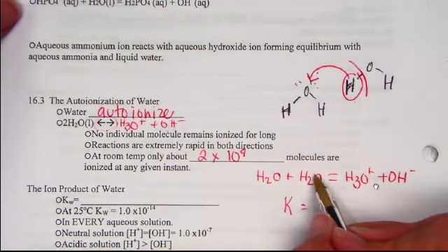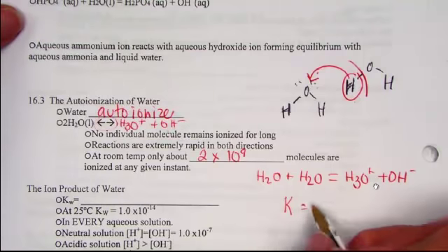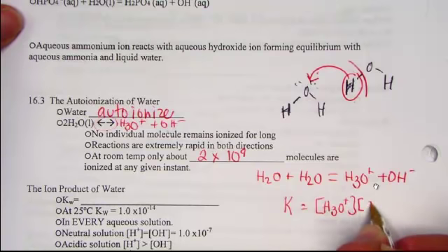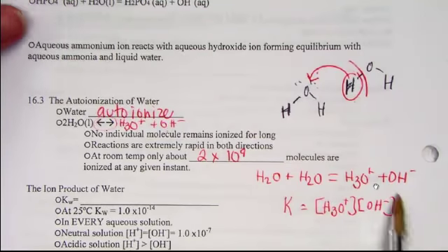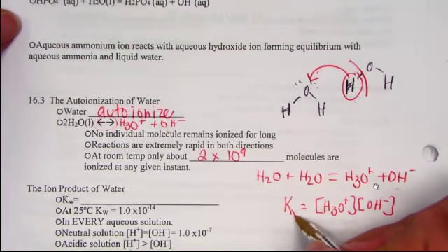Well, water is a pure liquid, so the only thing that's left to write about in terms of equilibrium is the concentration of the hydronium ion times the concentration of the hydroxide ion. Products over reactants, but pure liquids drop out, and we see what's called the ion product constant for water.